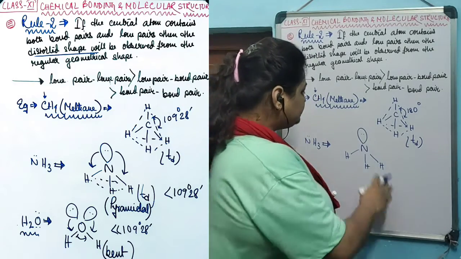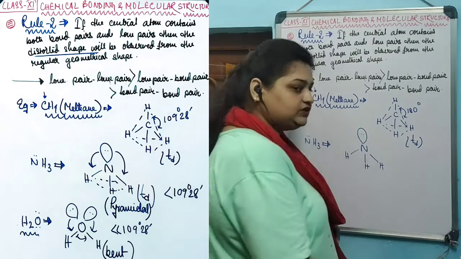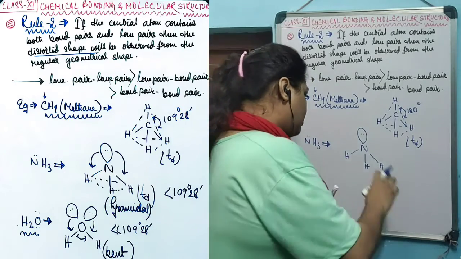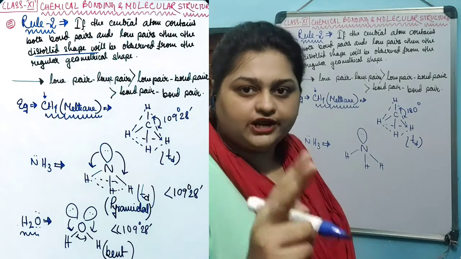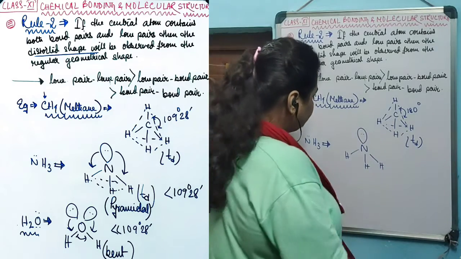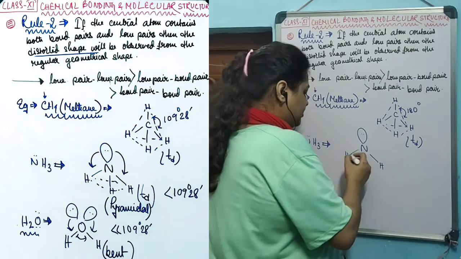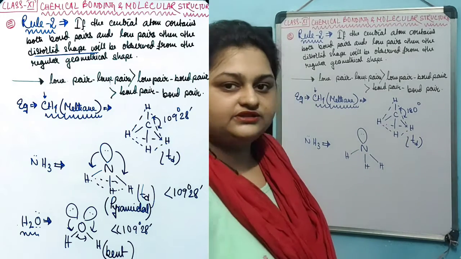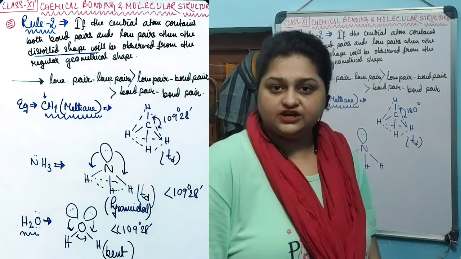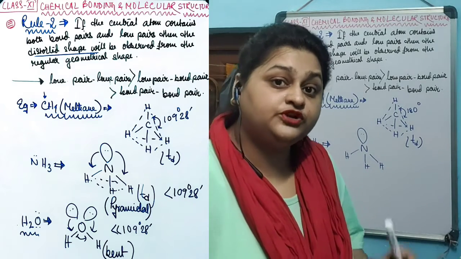Now this lone pair is quite different compared to the bond pair. Both of them contain 2 electrons, but the bond pair is created by sharing of electrons of 2 atoms. Thus the bond pair electrons are situated between 2 atoms.